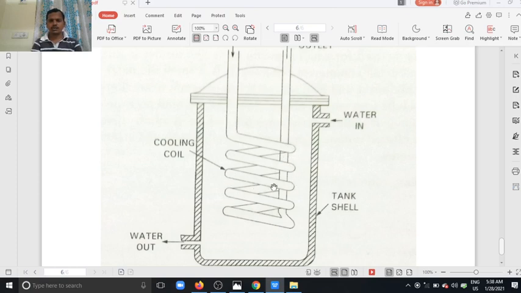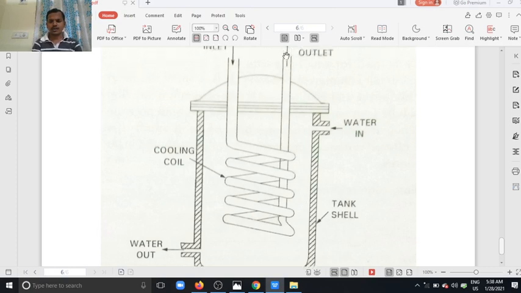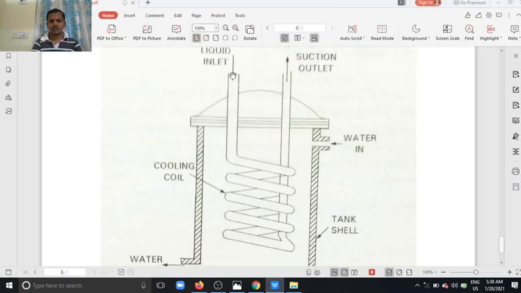In this shell, the refrigerant enters. The liquid enters into this coil, and this is the exit. This is the water in.